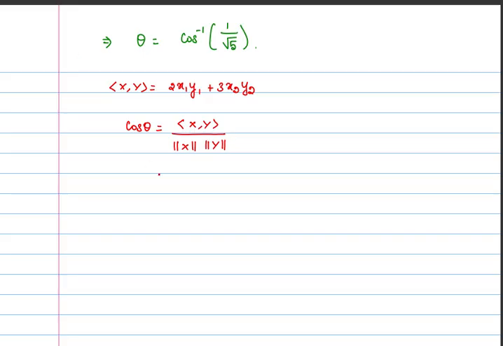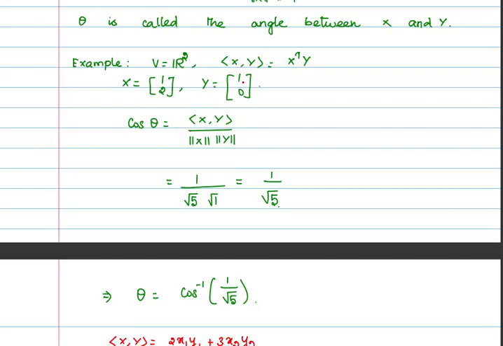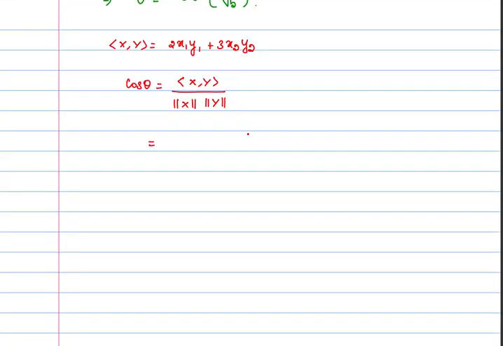With x equal to 1, 2 and y equal to 1, 0, the inner product is 2 times 1 times 1, plus 3 times 2 times 0, which gives 2.